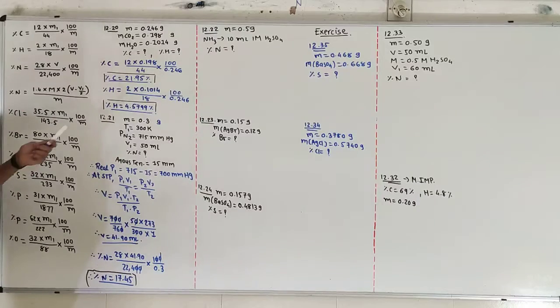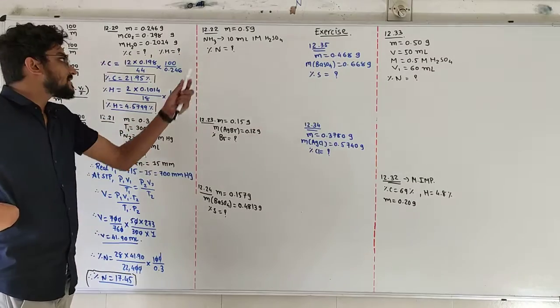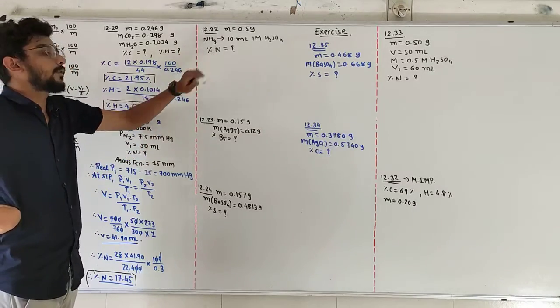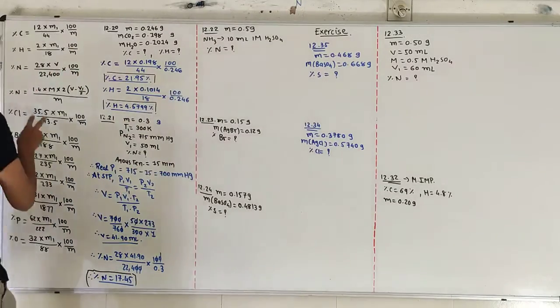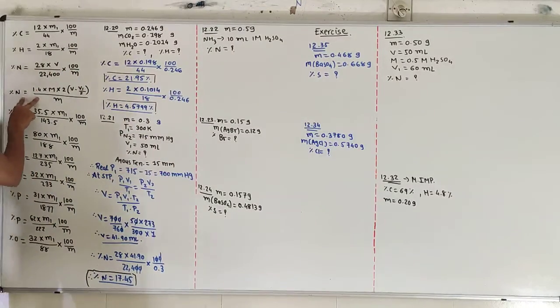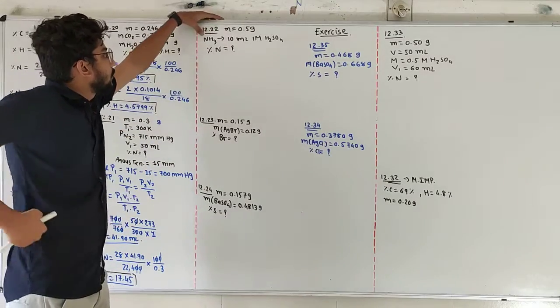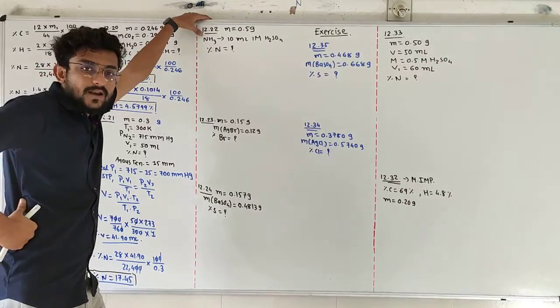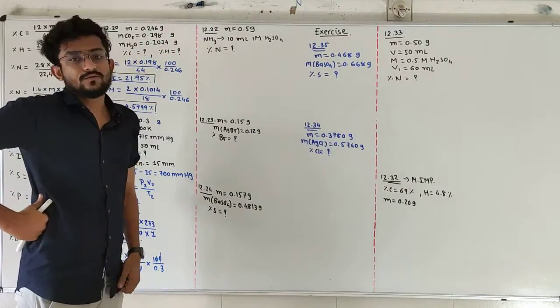That was all about example number 21. Now example number 22. In this example we again have to find the percentage of nitrogen, but this time we are going to use Kjeldahl's method. Why? Because they have said that the produced ammonia will be neutralized by 10 ml of 1 molar H2SO4.